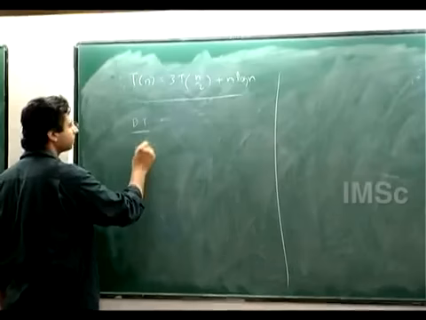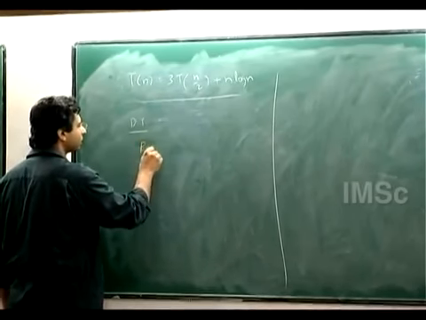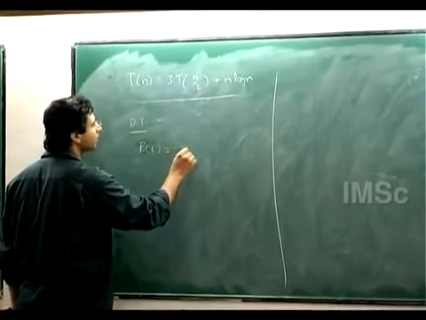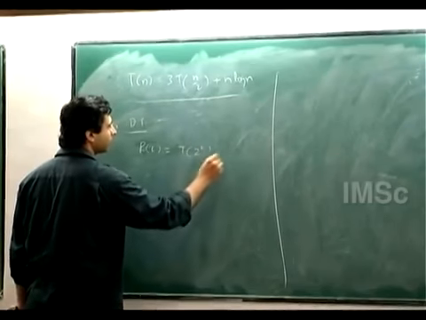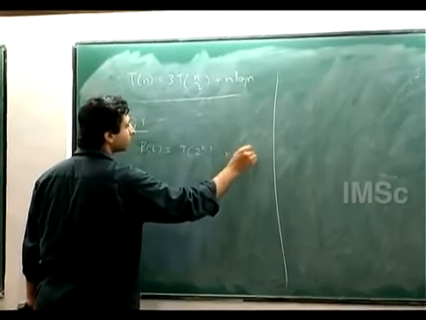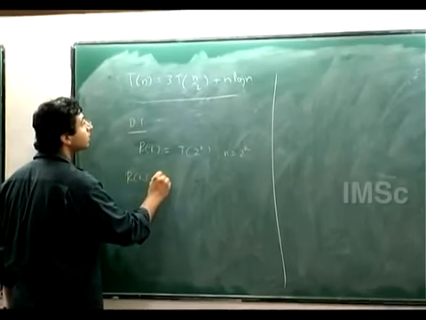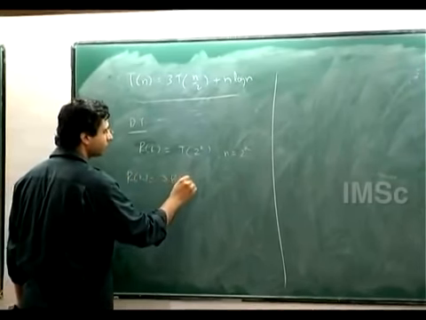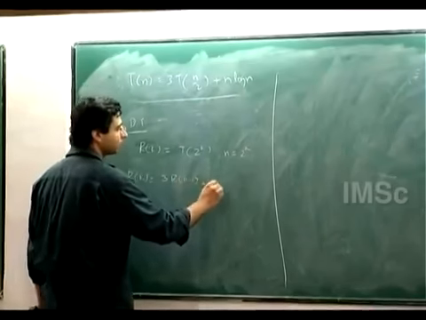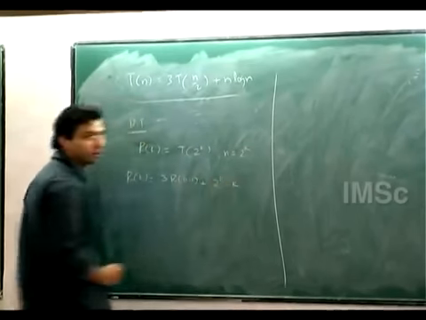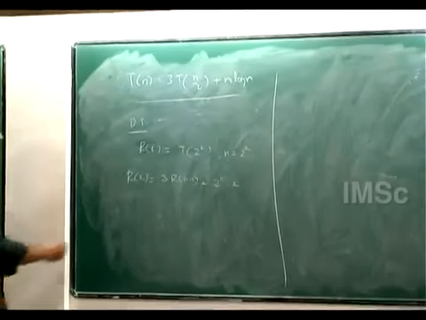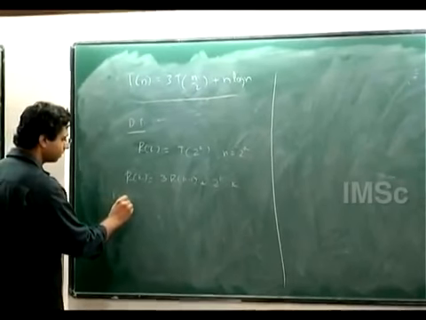First, I'll say R of k is defined as T of 2 raised to k, where n is some power of 2. Then my recurrence is R of k is 3 times R of k minus 1 plus 2 raised to k times k.